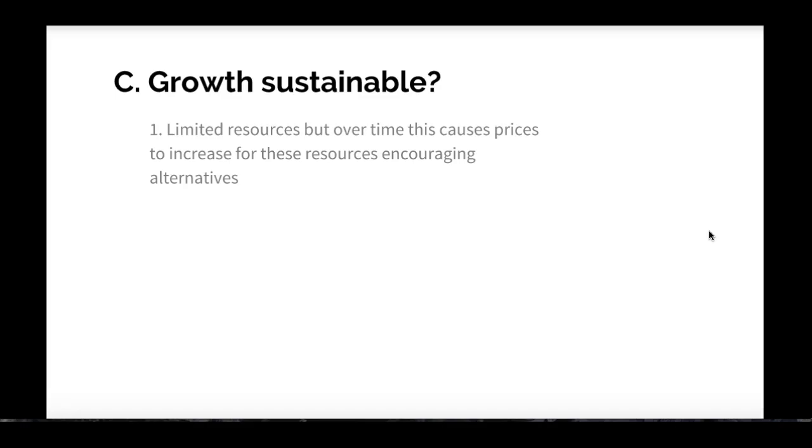So, for example, the price of oil has gone up. If the price of oil goes up, then people look for alternative options, because they realize that this is too expensive for them. A good example of this was a few years ago, when the price of oil was ridiculously high, and so it caused the price of gas to be over $4 a gallon. So what happened?